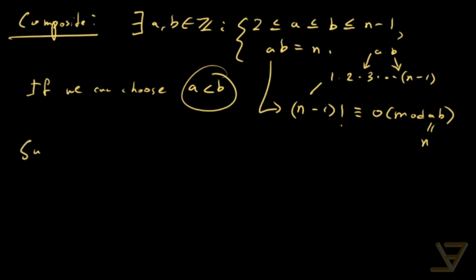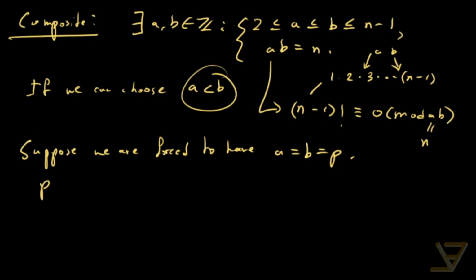But suppose we are forced to have a equals b. Let's call that p. And you'll see why that's p in just a second. It has to be prime. p is prime.